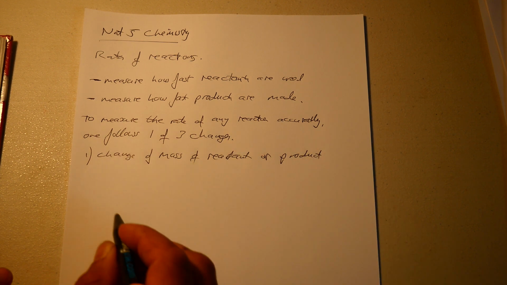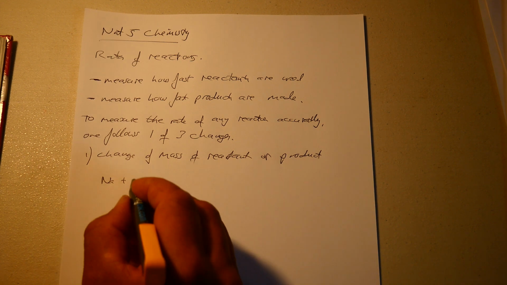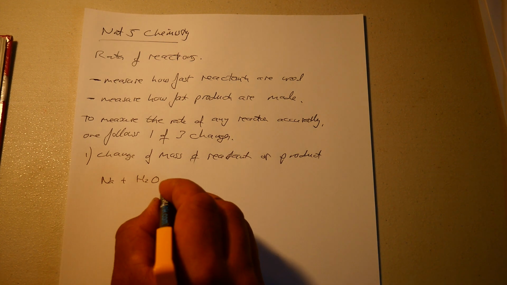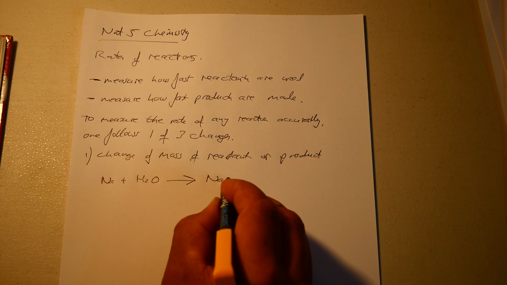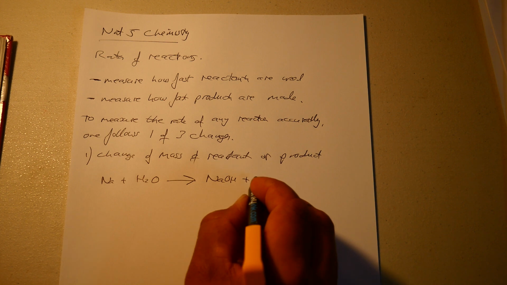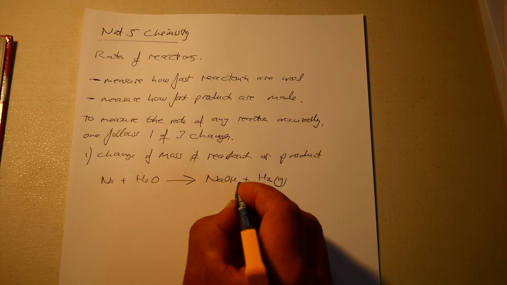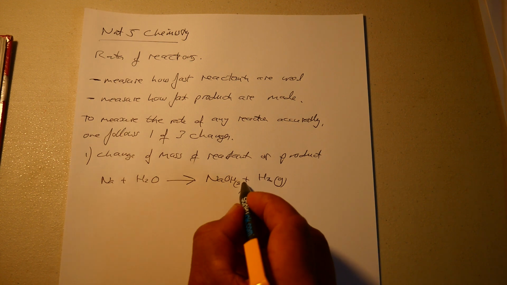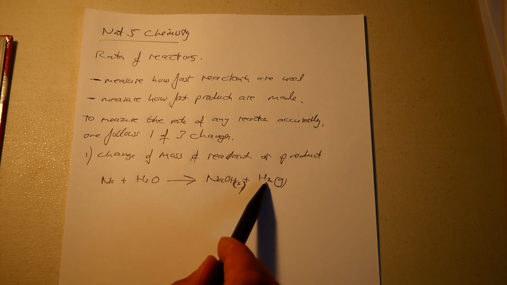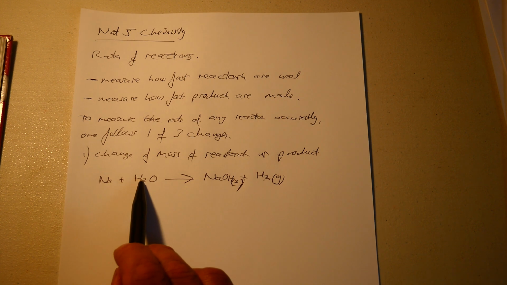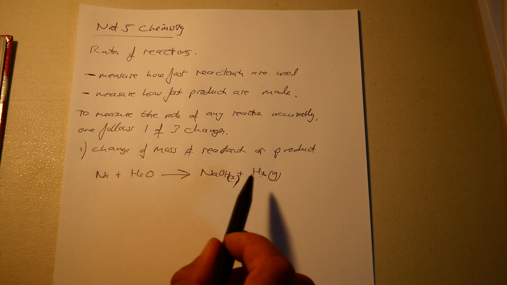Okay? So if you have sodium plus H2O becomes sodium OH plus hydrogen gas. I didn't actually balance this last time. There are 2 hydrogens on one side and 3 on the other.